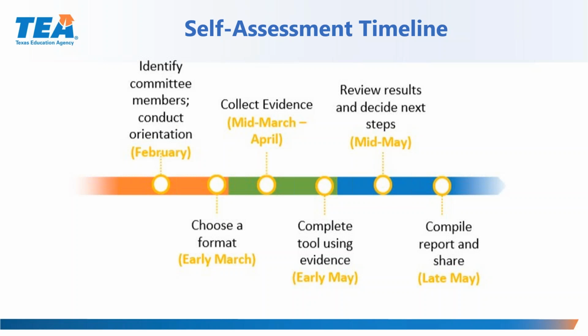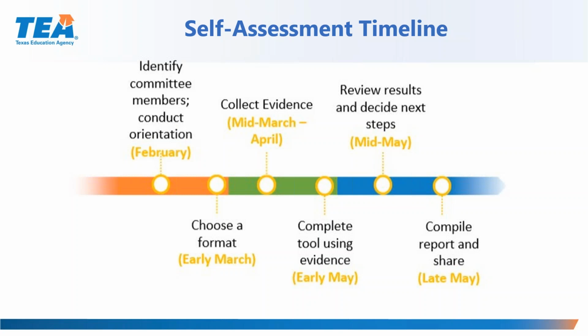Then you would choose a format in early March. And by that, I mean you would decide, are you doing it by committees or by persons? Are you having several meetings and then a compilation meeting? All of those kinds of decisions you want to make early in this timeline.